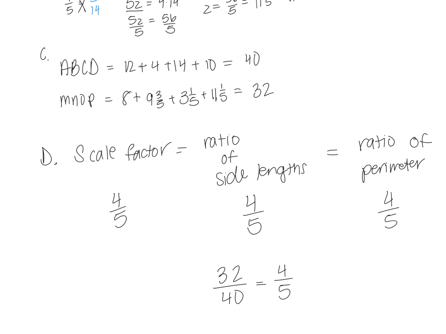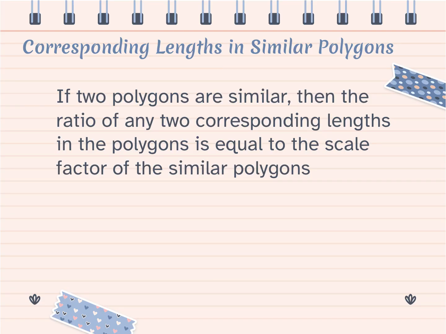Oh, okay. All right, let's take a look at the next one. Corresponding lengths in similar polygons. Looking at this question: if two polygons are similar, the ratio, okay, we kind of already went over this. The ratio of any two corresponding lengths is equal to the scale factor.